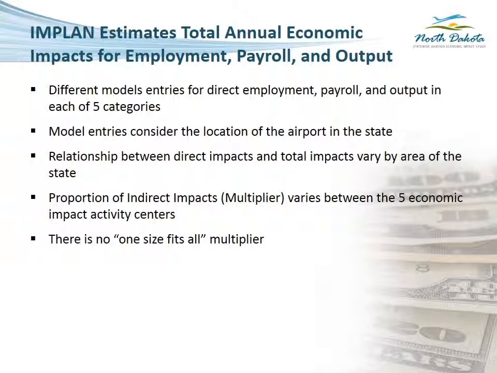So there is a smaller economic return to the state's economy for visitor spending in the retail category. Data entries into the model help to make all of these distinctions. There is no one-size-fits-all multiplier in this process, and in fact, the model considered hundreds of different multipliers to produce the final economic impact estimates.